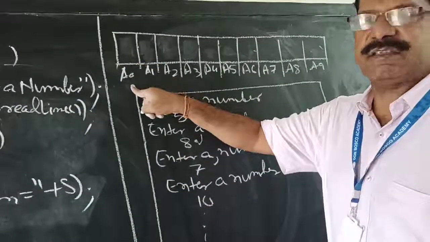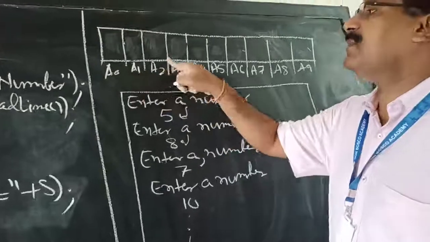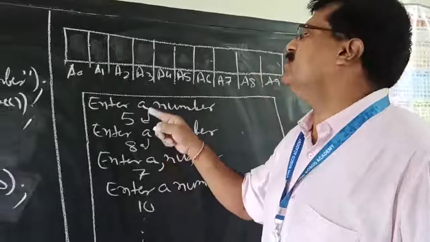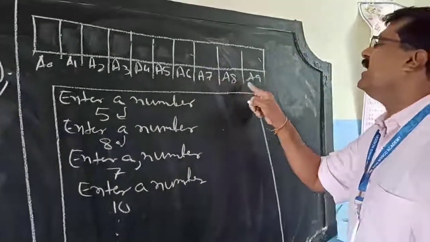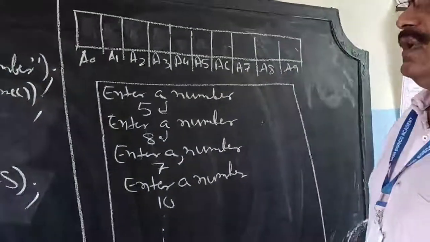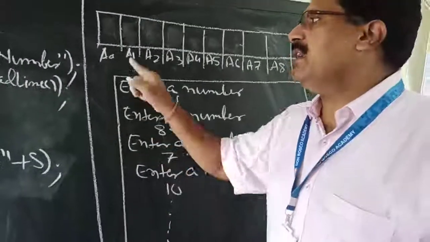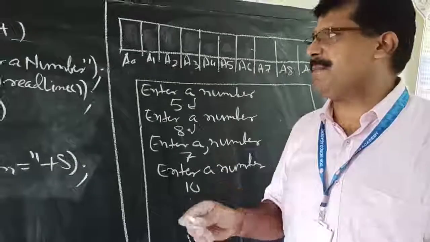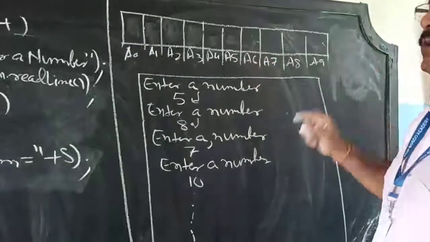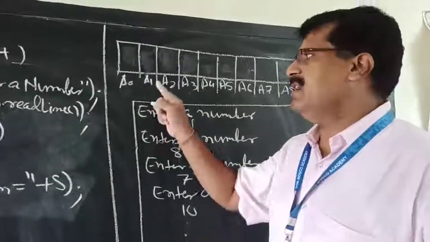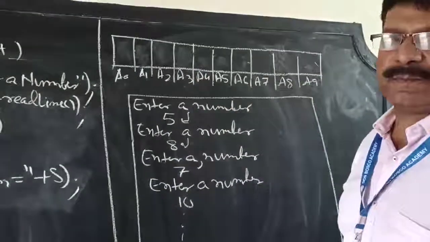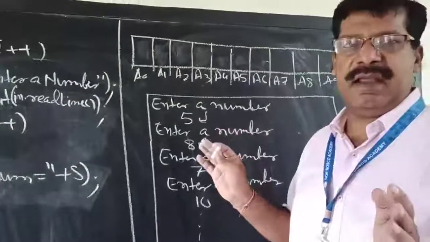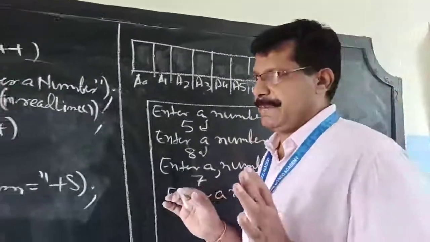A0 first index, first subscript, A1 second subscript, A2 third subscript, because in the array counting begins from 0, A4, A5, A6, A7, A8, A9. If the size of the array is 20, then A0 till A19. If the size is 50, then A0 till A49. If the size is 100, then A0 till A99. Okay? So the array is declared, an empty array, but nothing is stored in it.